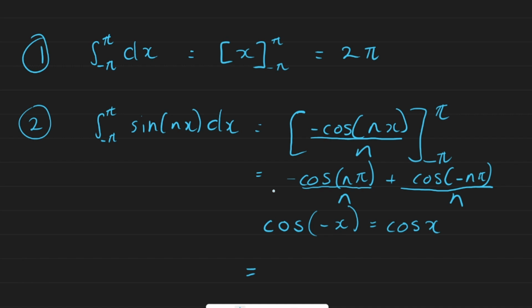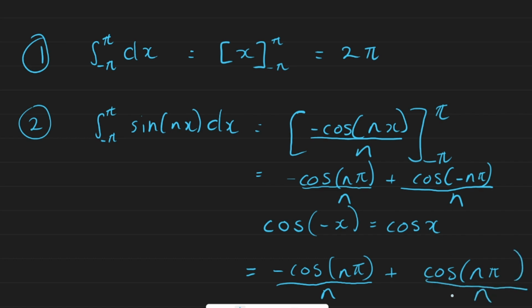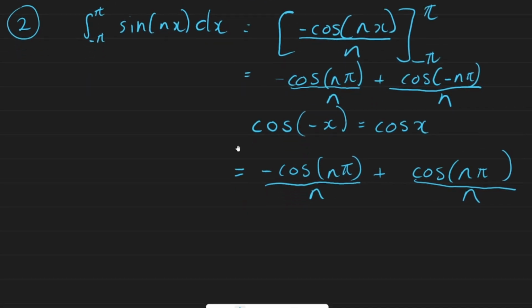So once we substitute that identity in, what we get is minus cos n pi divided by n plus cos of n pi divided by n. So a minus and a plus just gives us 0. So that is the answer here.